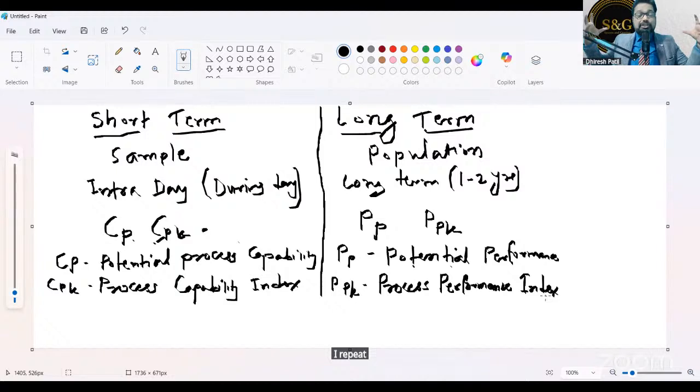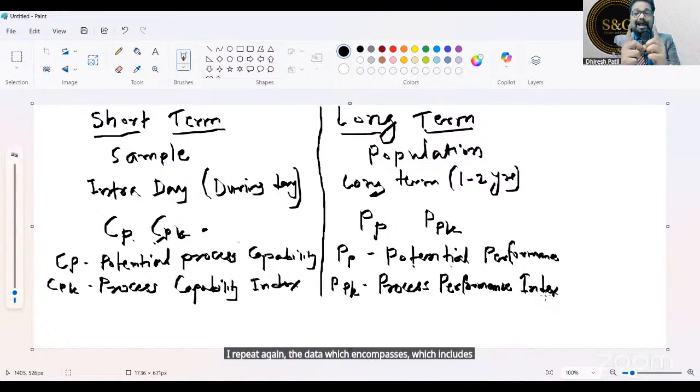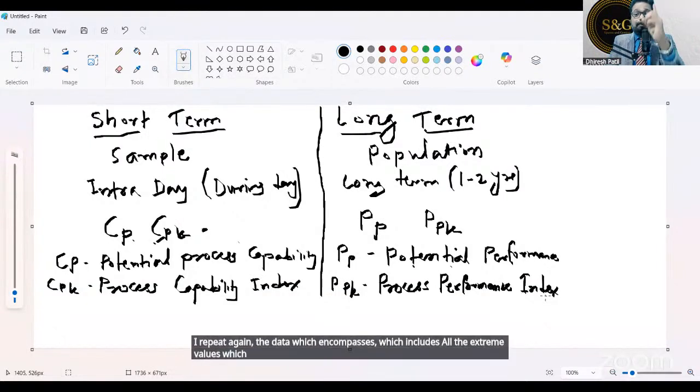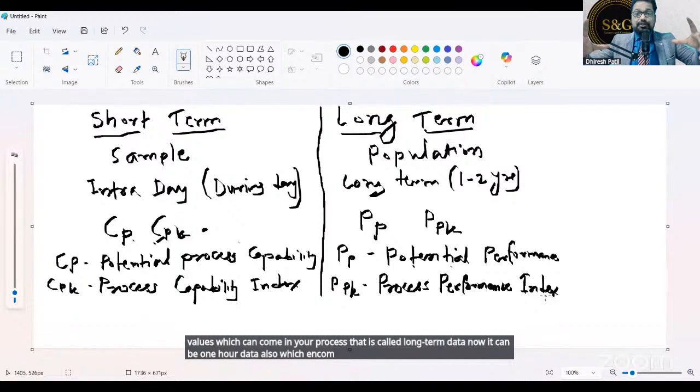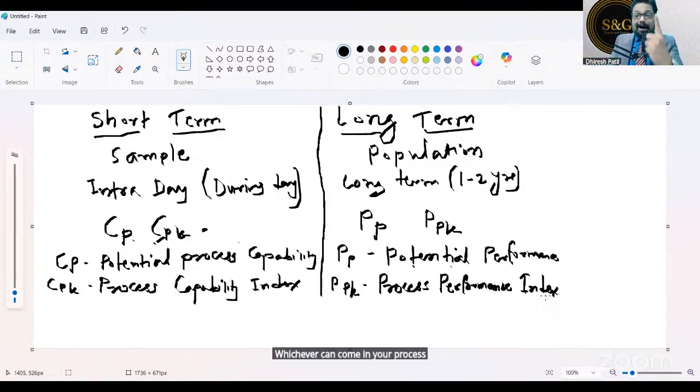The data which includes all the extreme values which can come in your process is called long-term data. Now, it can be 1 hour data also, which encompasses all the extreme values whichever can come in your process. That 1 hour data also can be a long-term data.